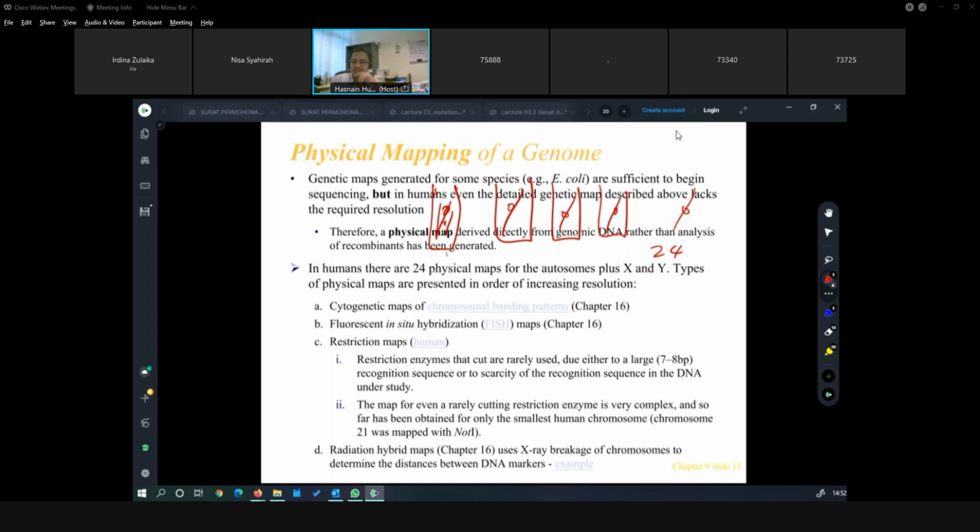So 24 physical maps, for autosomes plus X and Y. Human chromosomes, total collection is 24 chromosomes: chromosome 1 until 22, plus X plus Y. So in each chromosome, then you can start to develop its own marker, so that when you cut them, similar to the concept I explained just now.